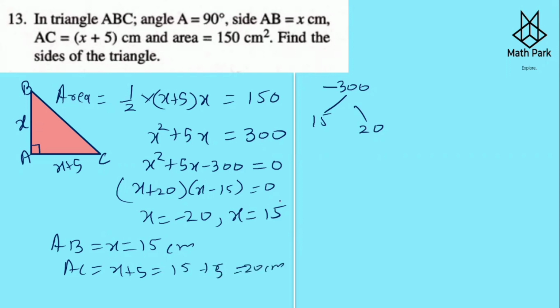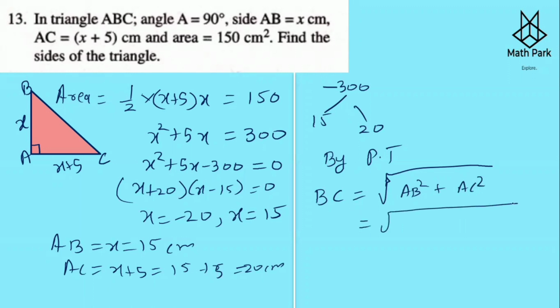Right? Now, let us find the side BC. So we find BC by Pythagoras theorem. So by Pythagoras theorem, you get BC is equal to square root of AB square plus AC square, square of the hypotenuse, we are finding the square root. So root of AC is 20, so 20 square plus AB is 15, so 15 square.